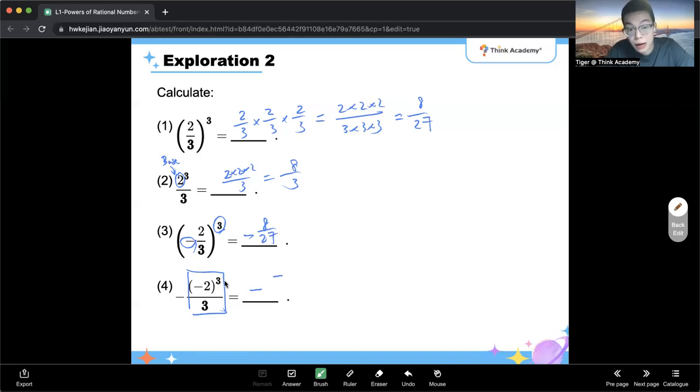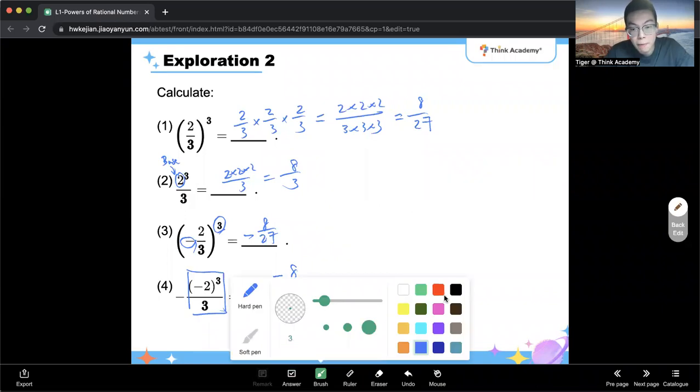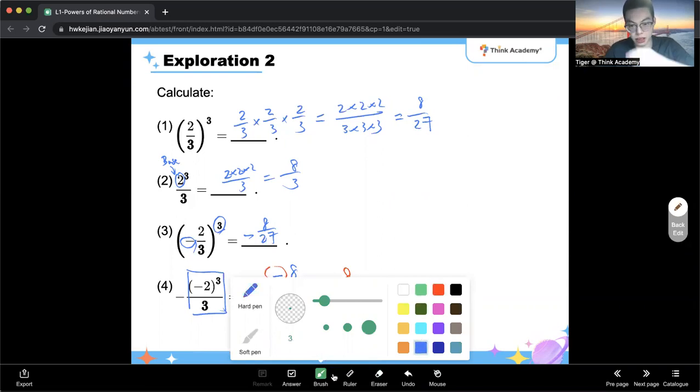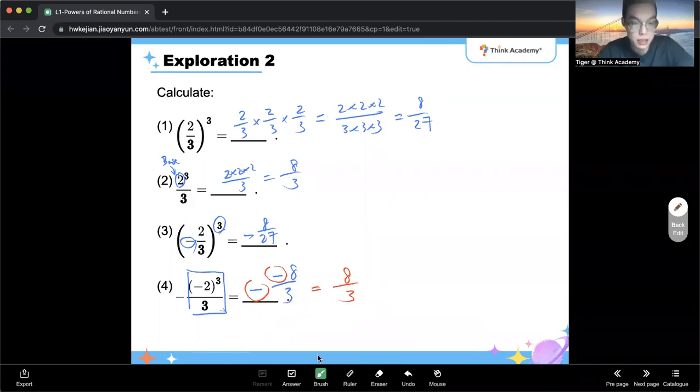And then 2 to the power 3 is going to be 8. So we have -8 over 3. And then we have another 2 minus signs right there, a minus and a minus, which is going to make a plus. So of course, we're not writing out the plus since it's positive. And the answer is just going to be positive 8/3. All right. Yes, that's right.